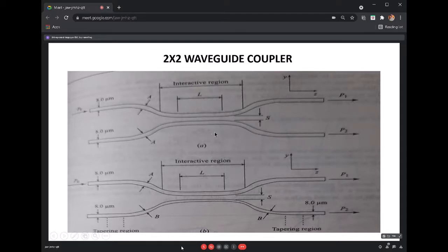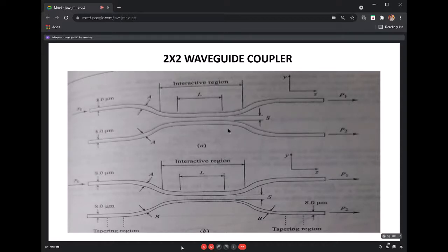Here you can see the uniformly identical parallel guides. Earlier it was an asymmetric one, where one guide is wider and the other one is narrower. This can be compared to your fused type.